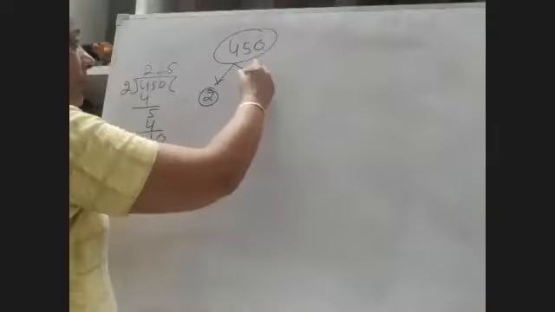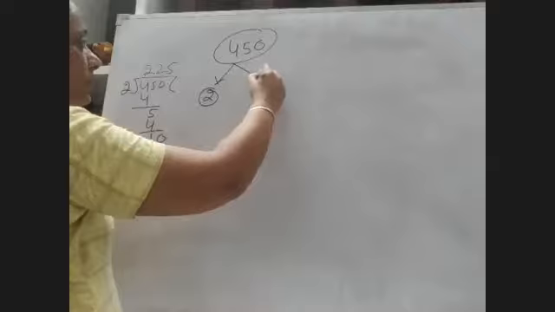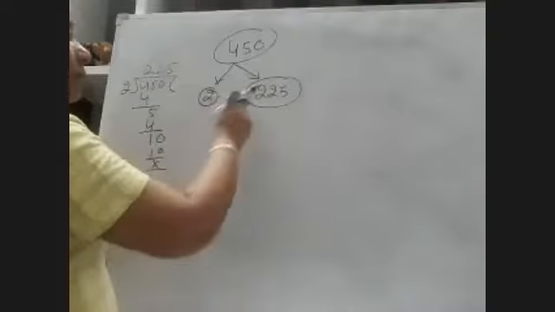Yes, we get 2 and 225. First number is 2, second is 225. Now our number 225 is an odd number.